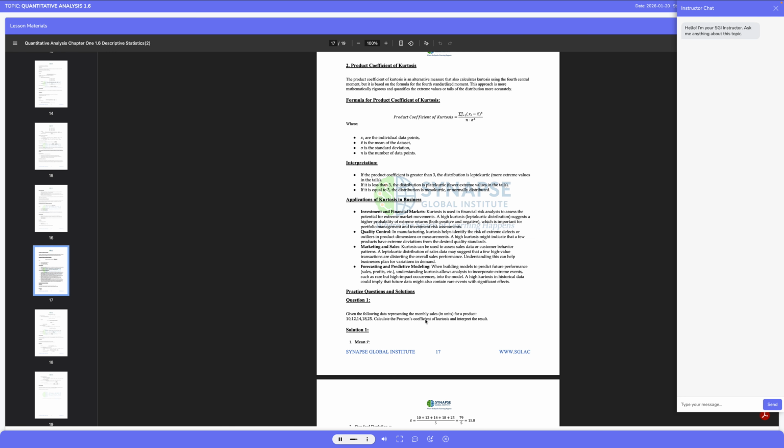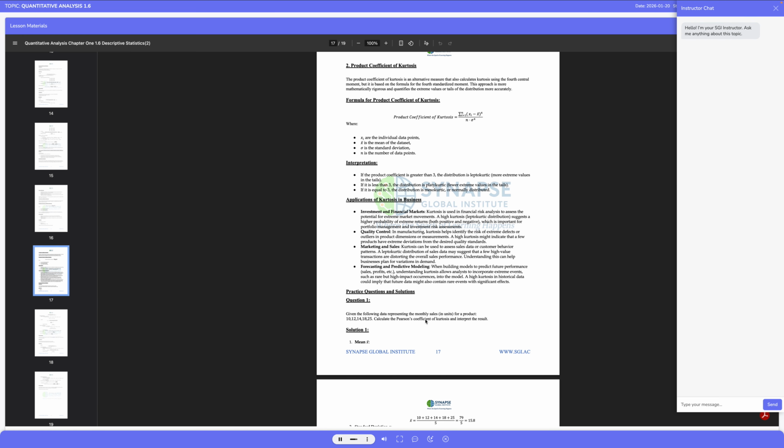The interpretation of kurtosis is particularly important in business applications. In investment and financial markets, high kurtosis indicates a greater likelihood of extreme returns, both gains and losses, which increases risk and uncertainty. In quality control, high kurtosis may suggest the presence of occasional extreme defects that require investigation, even if average quality appears acceptable.